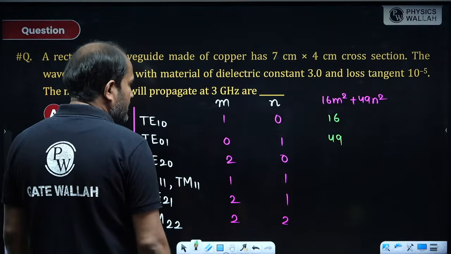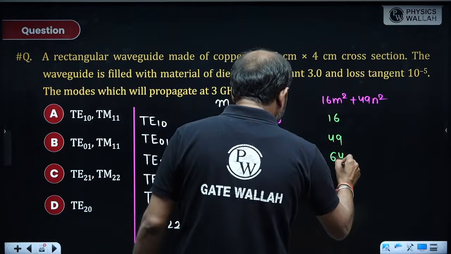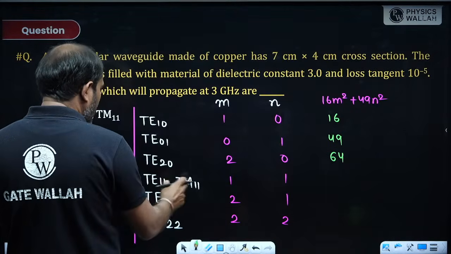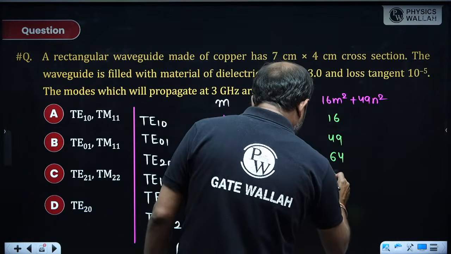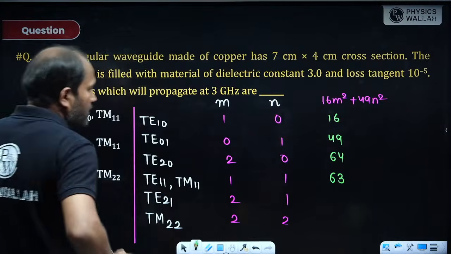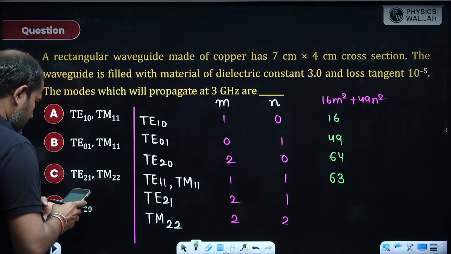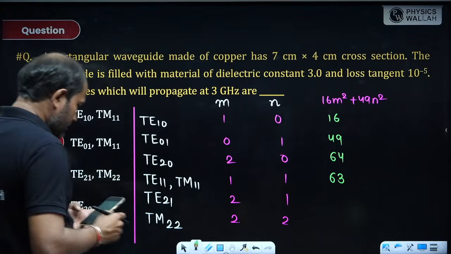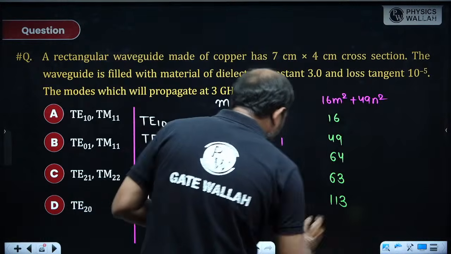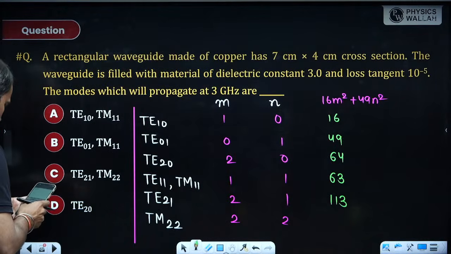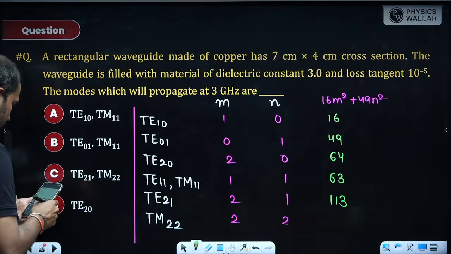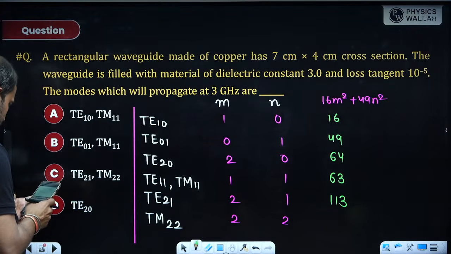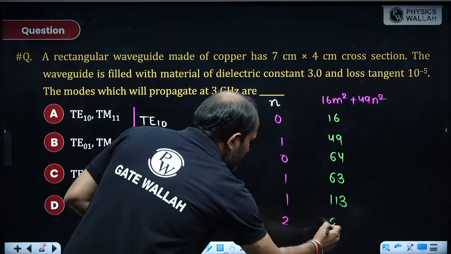So 4 4 is 16, 64, and 1 1, so 16 plus 49, it will be 63, and 2 1 and 1 2, 64 plus 49, 113, and 64 plus 49 into 4 plus 49 plus 16 into 4, it will be 260.